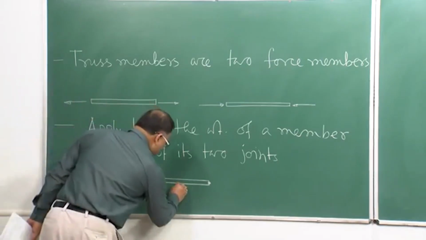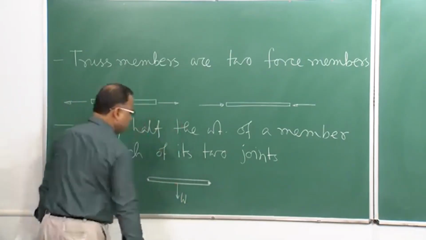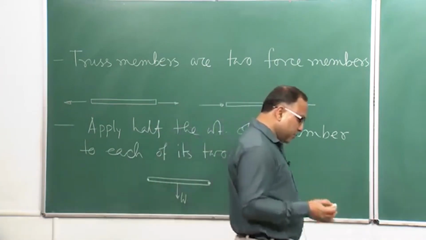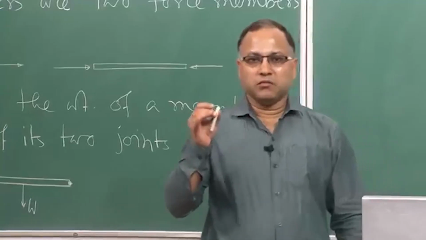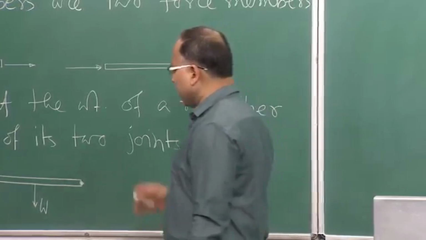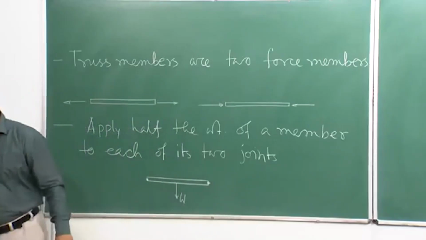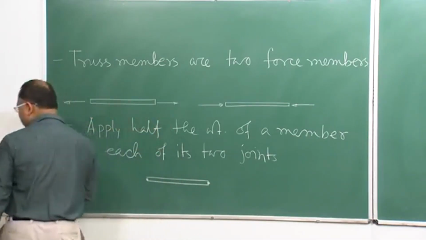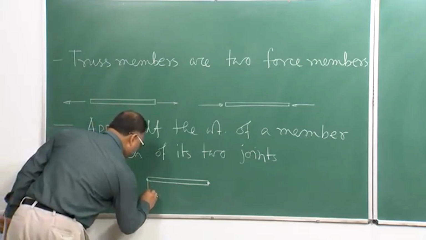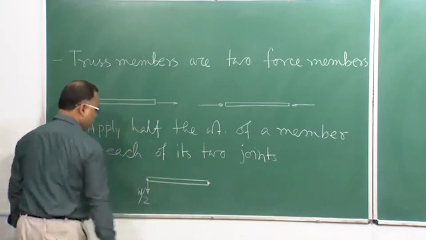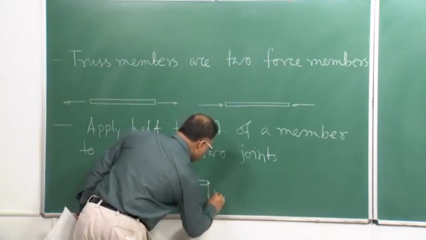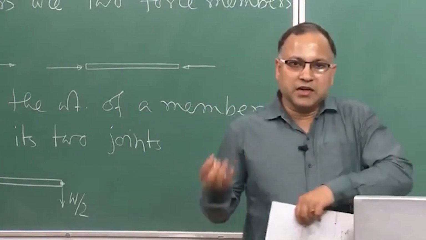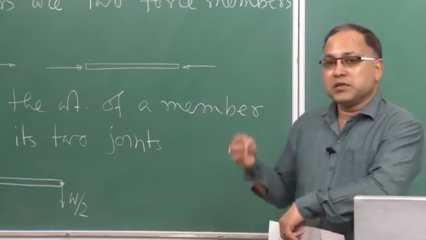Now, the self weight W can generally be assumed to act at the center of gravity of the member, but as we have already decided that no force will be applied in between the member, we will distribute this force, half of W, at each end. This is our idealization if you consider the self weight of the member.